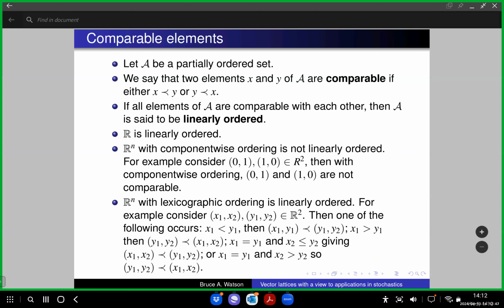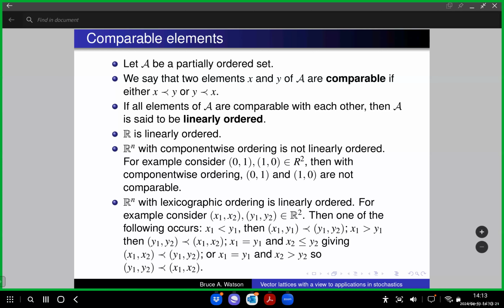Now, if we consider Rn with lexicographic ordering, we see that indeed Rn is now linearly ordered, because any two words or vectors in Rn are comparable with each other. Let's look at it for the case of R2. We go along and we check whether x1 is less than or equal to y1.